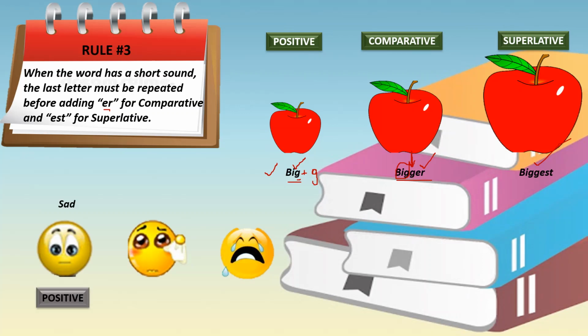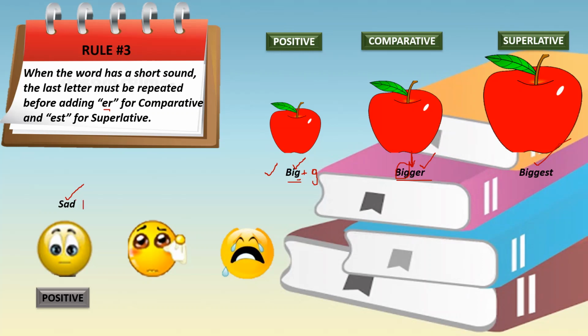The second example is sad. Again, this is a short sound word or a short sound adjective. In this adjective, we again have only one vowel, that is A. So since we have a short sound adjective here, before you convert it to comparative or superlative, the first step is that we will write the last letter twice.